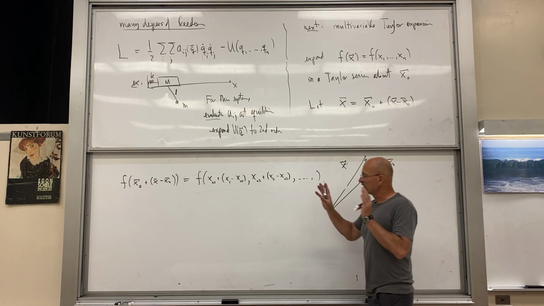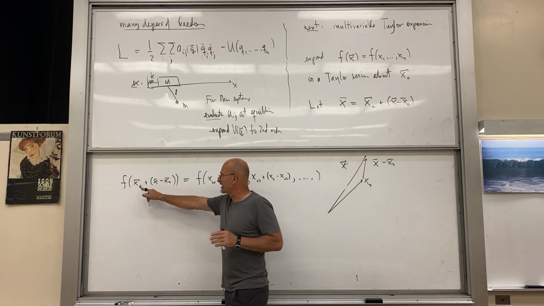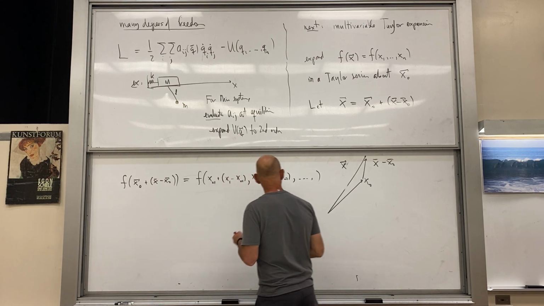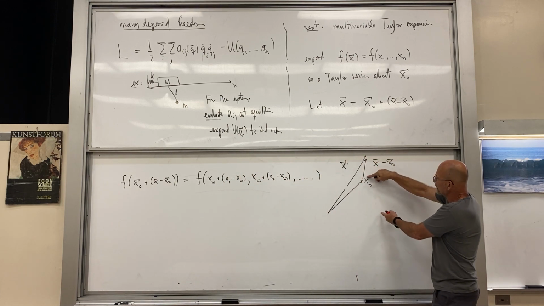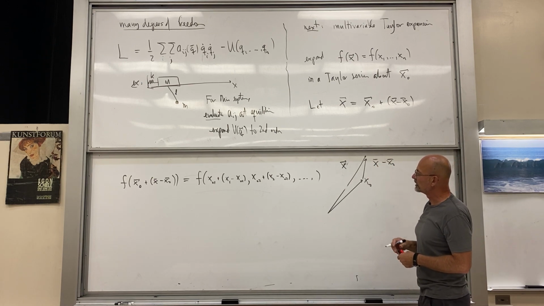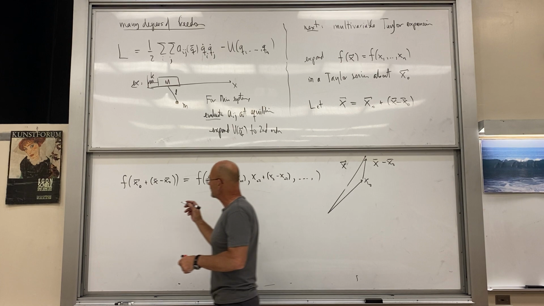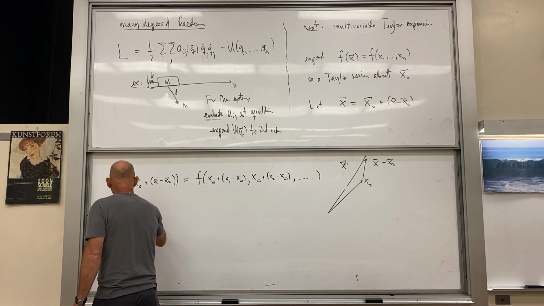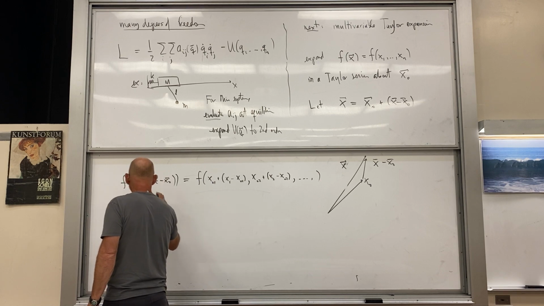And if this could be a function, x could be r, this could be in 3 space, of course. So that's what my vector shows. I have a position here in 3 space, and then I have a little difference vector. But here's what we're going to do. Now define g.